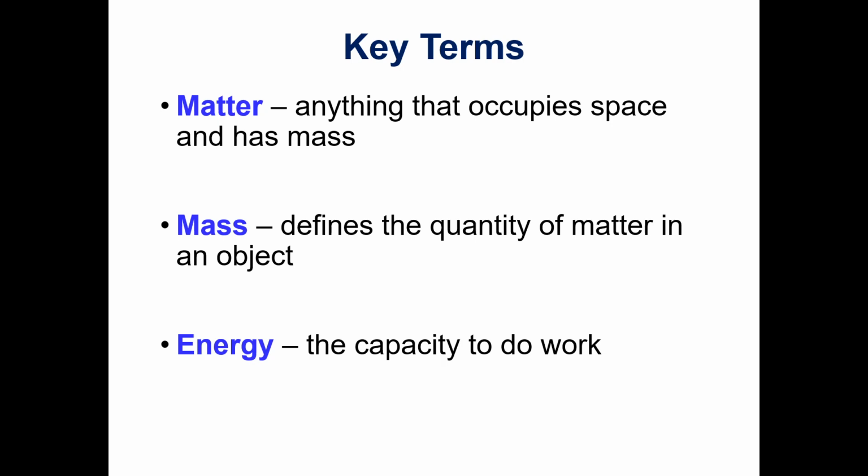Mass defines the quantity of matter in an object, and typically we measure mass in grams or sometimes in kilograms because many objects are too small to be measured just in grams. A gram is actually about the weight of a paperclip, so oftentimes we use kilograms. And energy is defined as the capacity to do work.